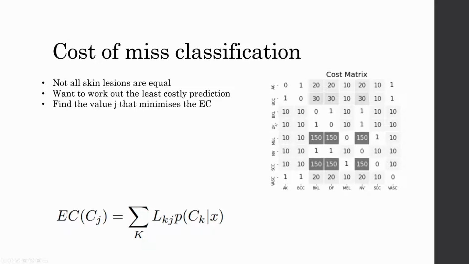So we'll look at DF, and as we can see here, we're summing across the true labels. So we'll say, okay, what's the probability that it's AK? Then we multiply that by this number, and then we say, okay, what's the probability that it's BCC? Multiply that by this number, add them together, and keep going until we've covered the entire row. And we do that for all the rows, and we predict using the lowest expected cost. So each time we multiply and sum across these rows, we're getting the expected cost from our probability distribution.